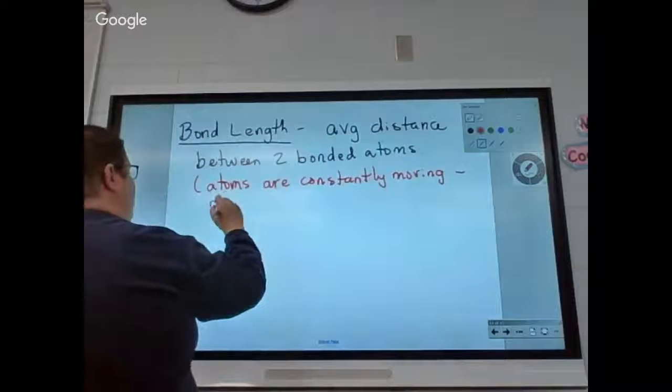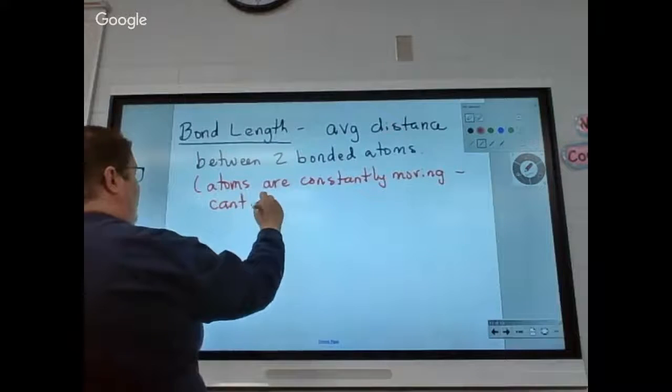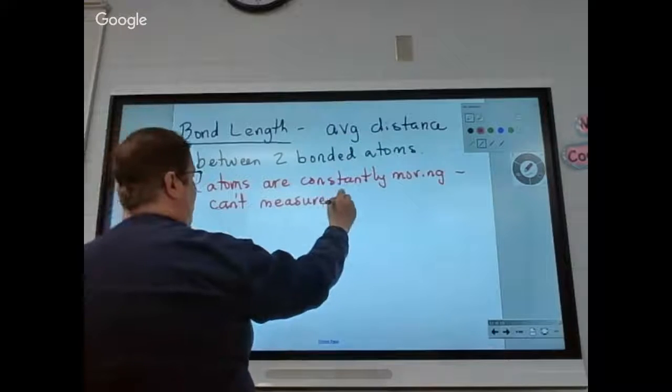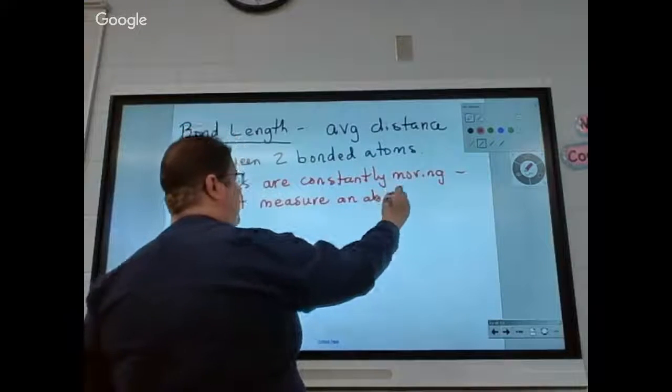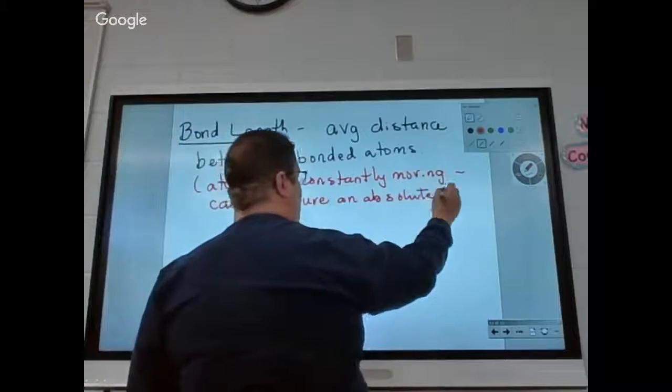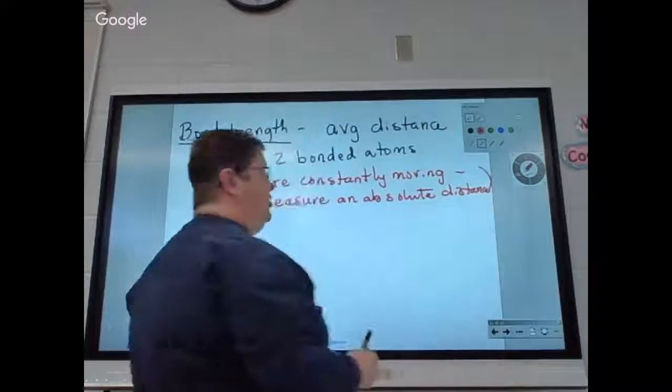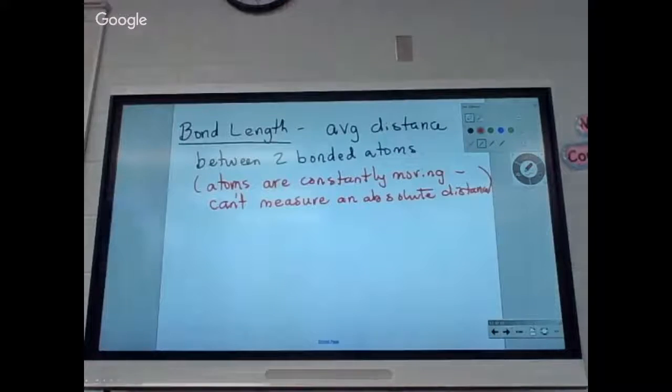So we can't measure an absolute distance. So we measure distances, and then we take the average.